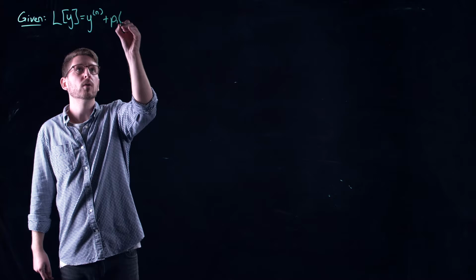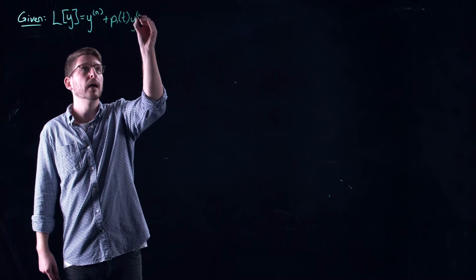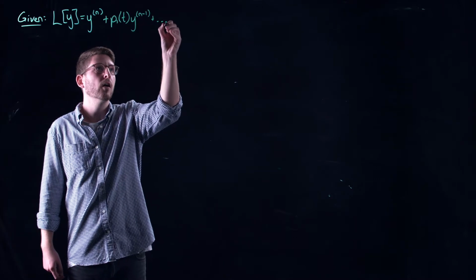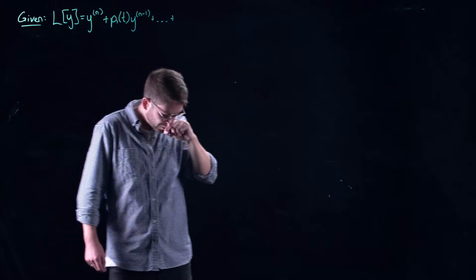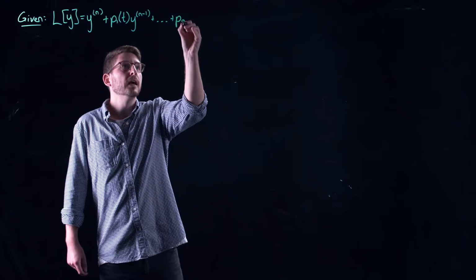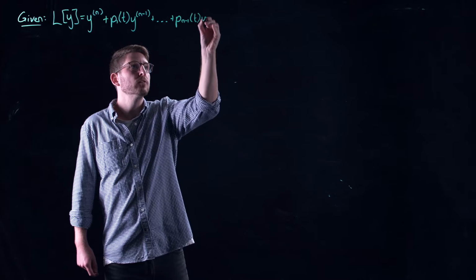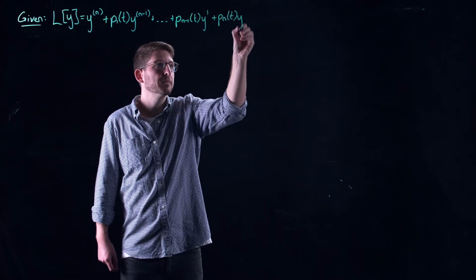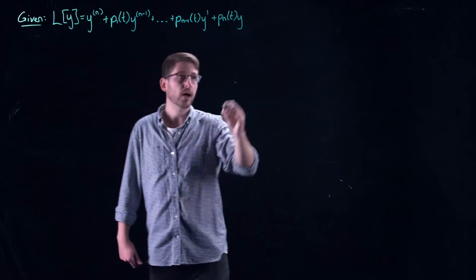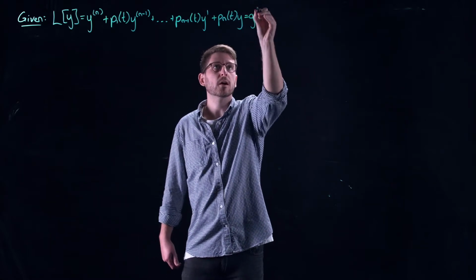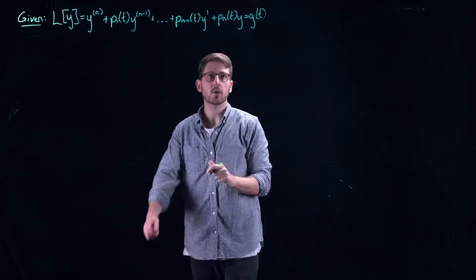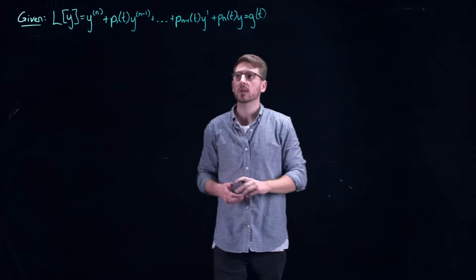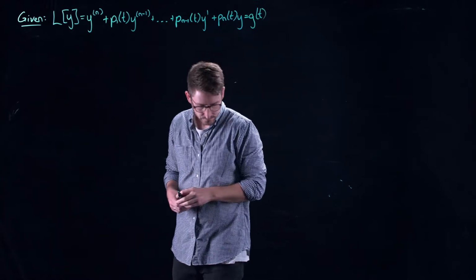And now we have P1 of t, y^(n-1), all the way down until we get to P_(n-1) of t times y prime plus P_n of t times y. That's my L of y. And of course, today we are going to talk about non-homogeneous equations. So we imagine there's a g tacked on the end there.